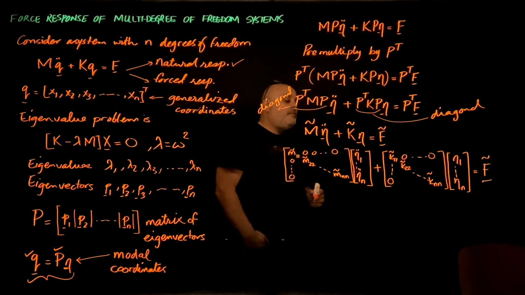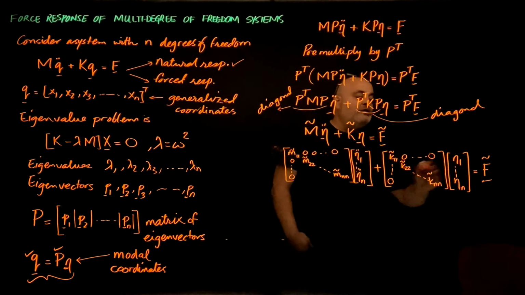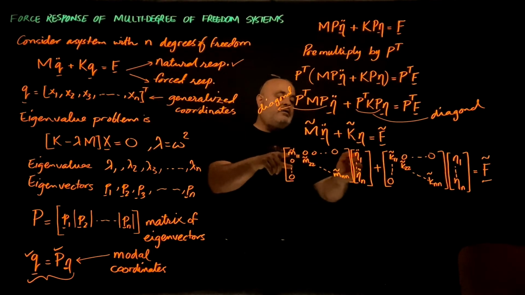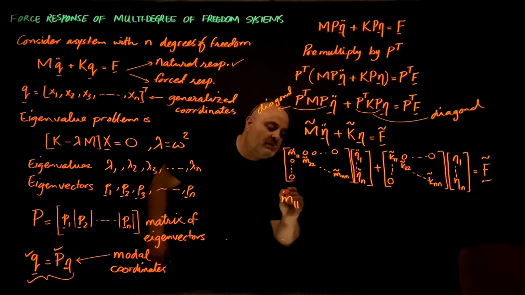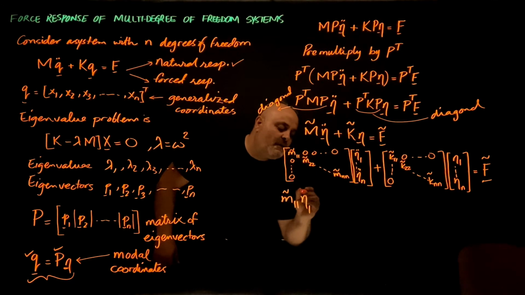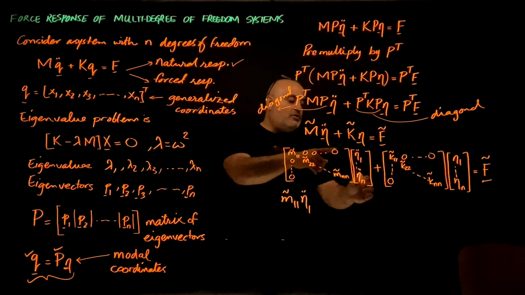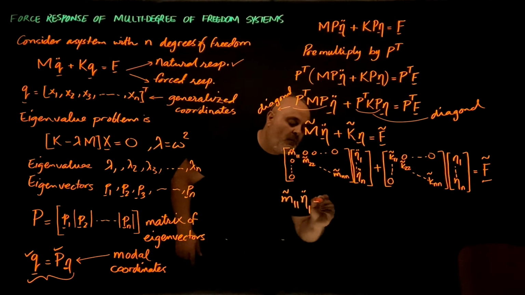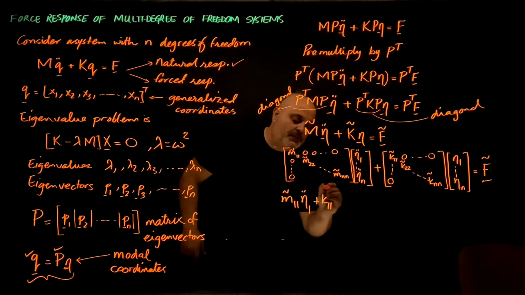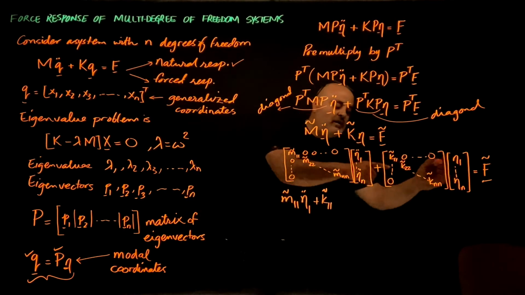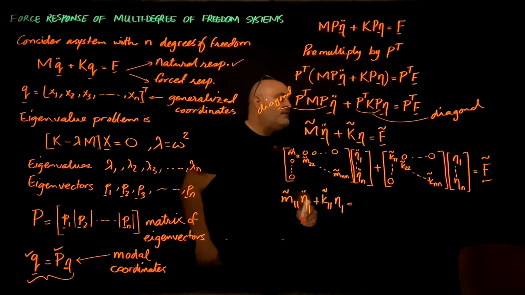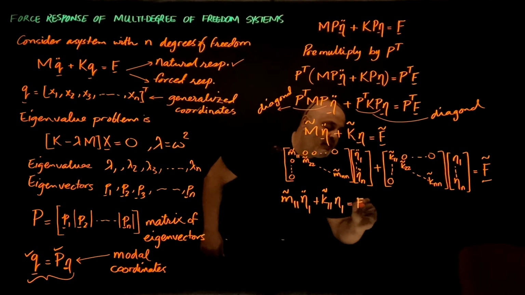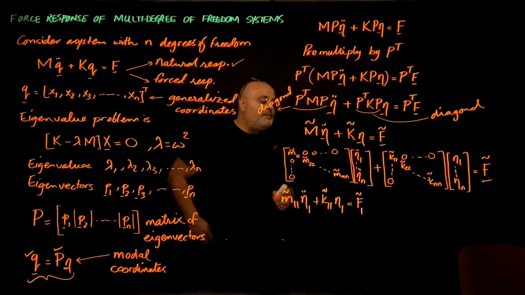Expand this, the first equation, first row, will be M11 tilde eta 1 double dot and then zeros, and here I will have K11 tilde times eta 1 equals F1 tilde.